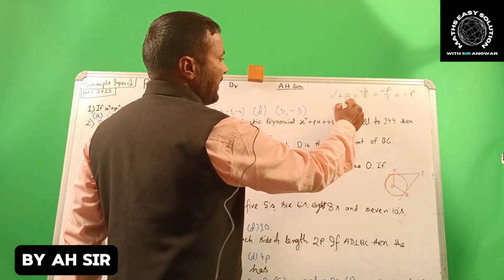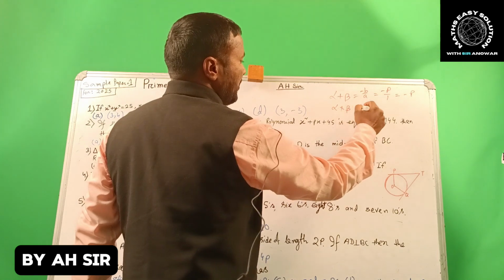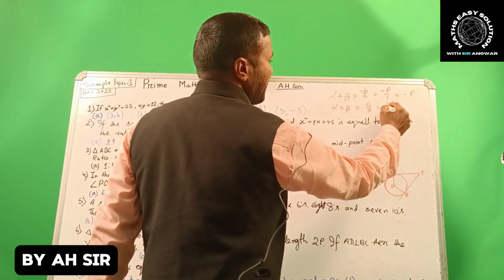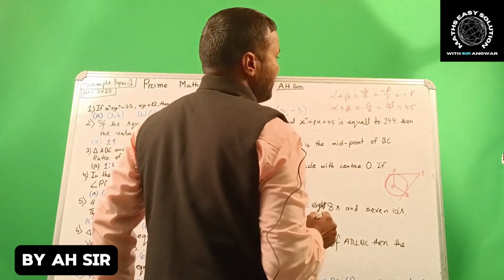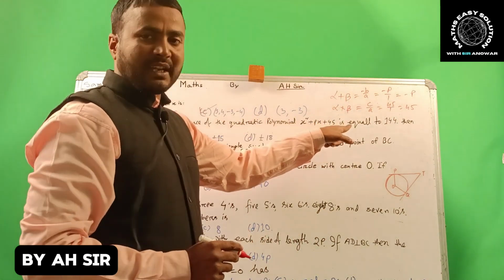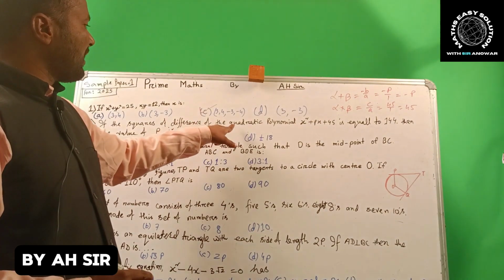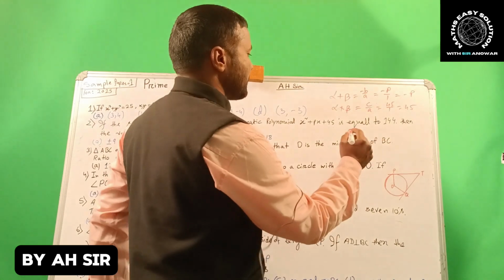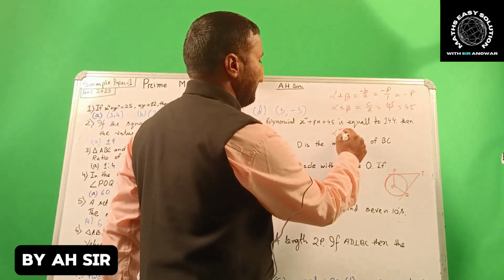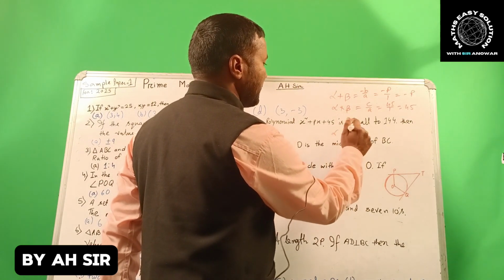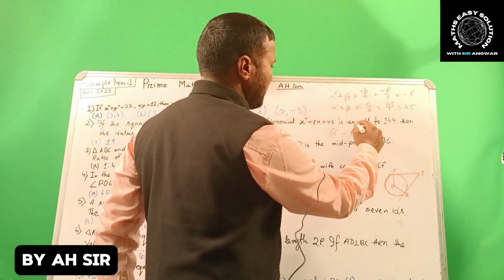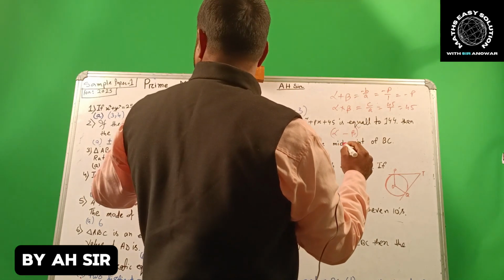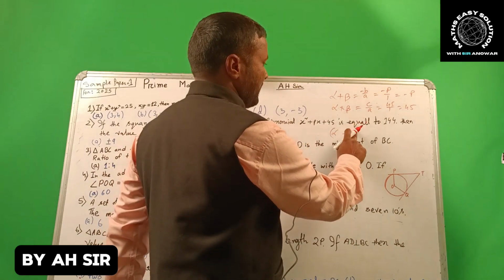Similarly, alpha into beta will be c by a, which is 45 by 1, equal to 45. So this is from the question, and the condition is that the square of the difference of the zeros of the quadratic polynomial is equal to 144.